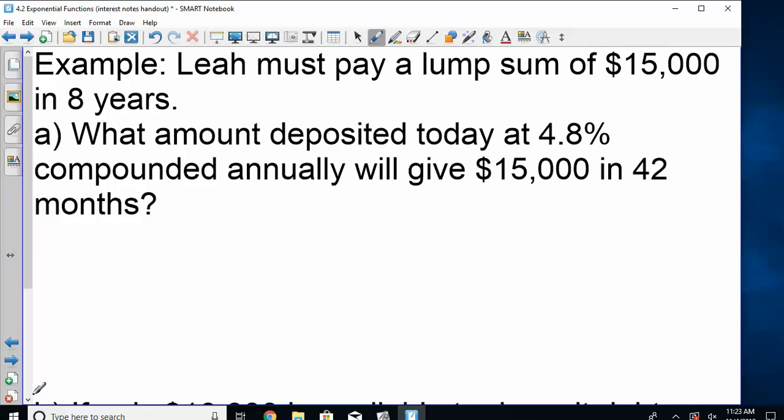Next one. Leah must pay a lump sum of $15,000 in 8 years. What amount deposited today at 4.8% compounded annually will give $15,000 in 42 months? So if it's compounded annually, which formula are we using? The first.